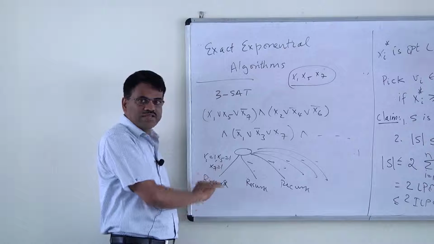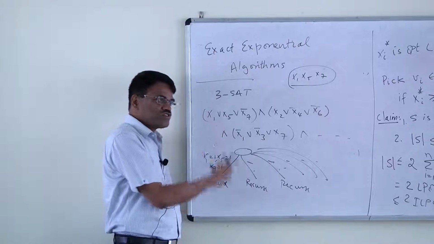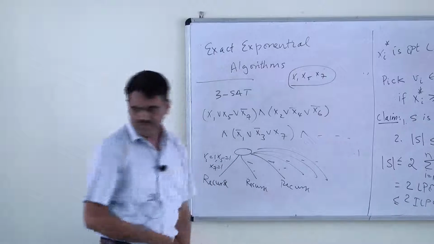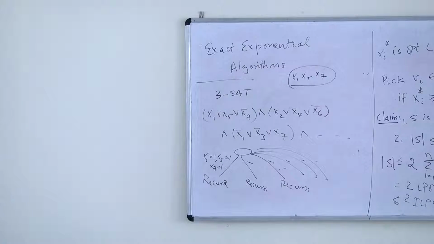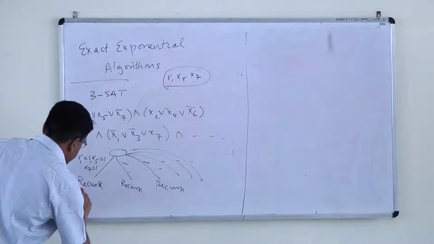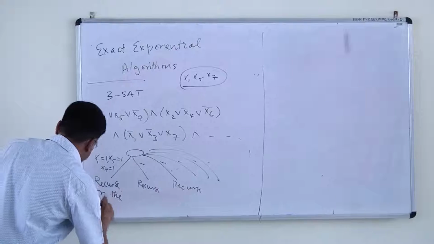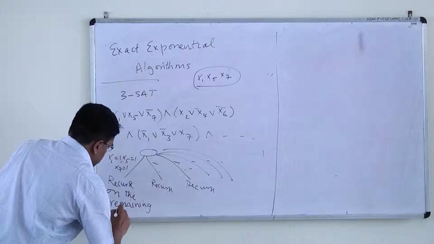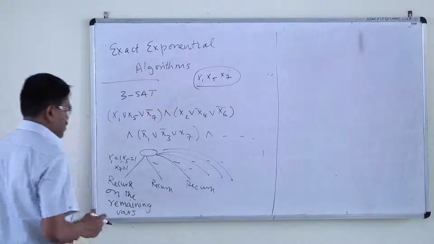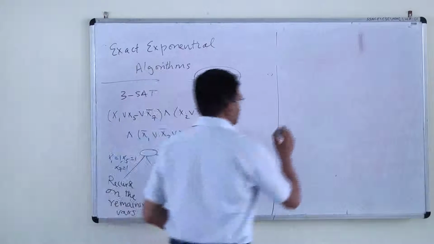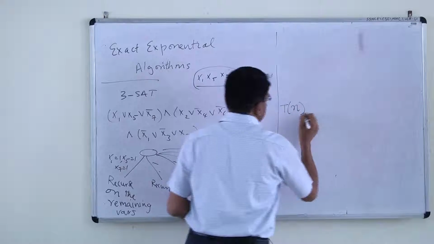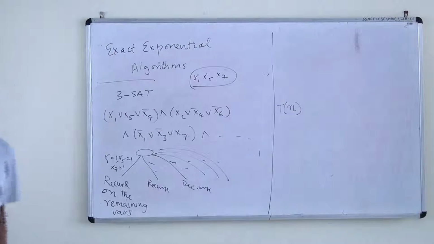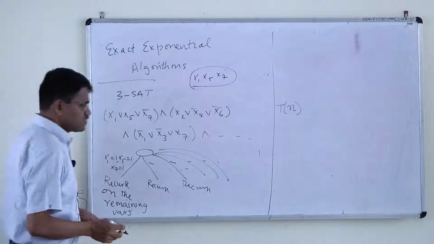Now let's write down a recurrence relation for it, solve it, and see what we get. Is the algorithm clear? I mean, recurse on the remaining variables. So if I write T of n as the number of steps or number of assignments explored in this algorithm, can you give me a recurrence relation?